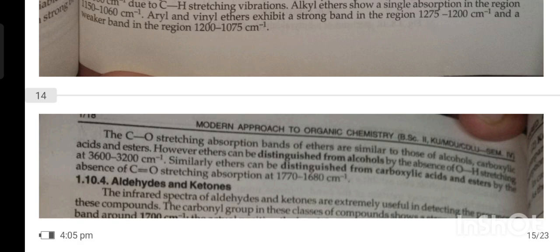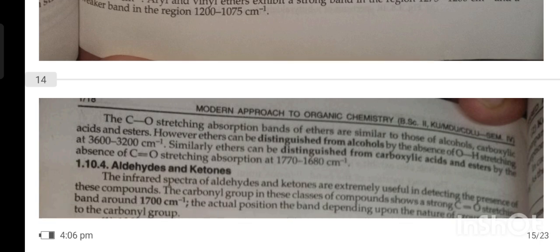However, ethers can be distinguished from alcohols by the absence of OH stretching at 3600 to 3200 cm⁻¹. Similarly, ethers can be distinguished from carboxylic acids and esters by the absence of carbonyl stretching absorption at 1770 to 1680 cm⁻¹.